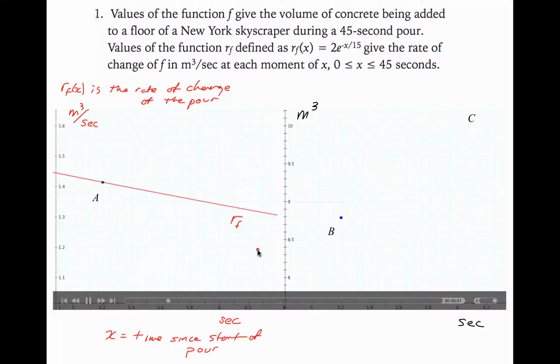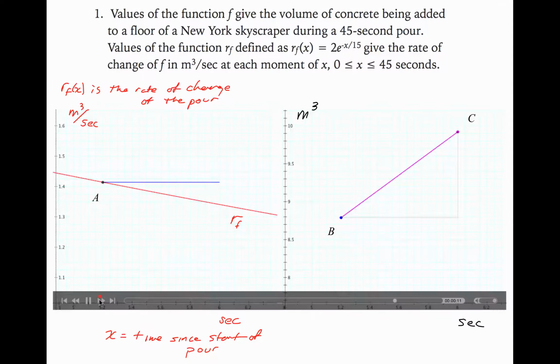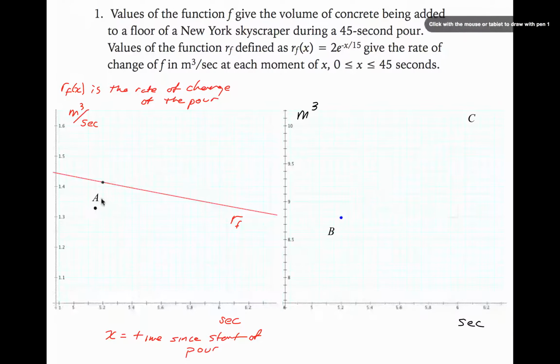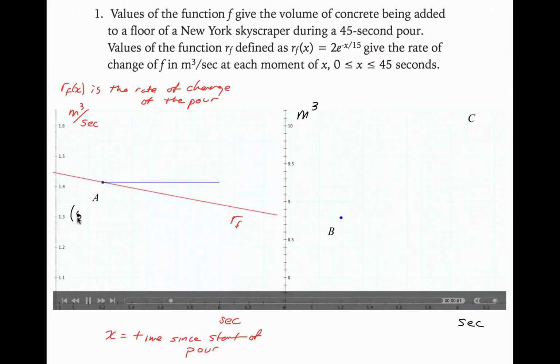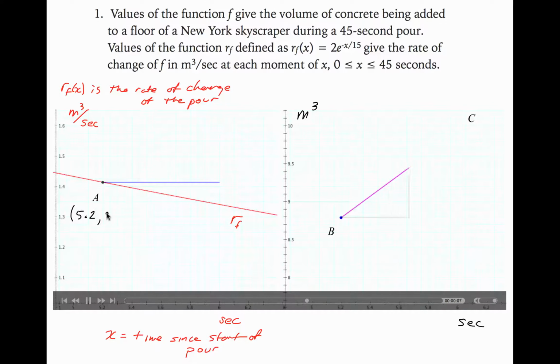Then the next question is expressing the coordinates of A and B exactly. Well, A is a point on the rate of change graph, so its coordinates are 5.2, and if we want to represent the value of that dependent variable exactly, we're going to use R sub f of 5.2.